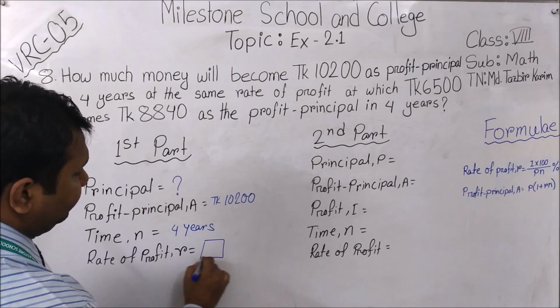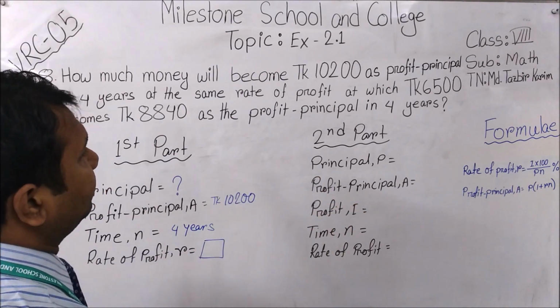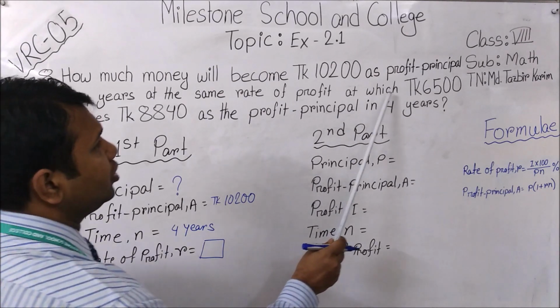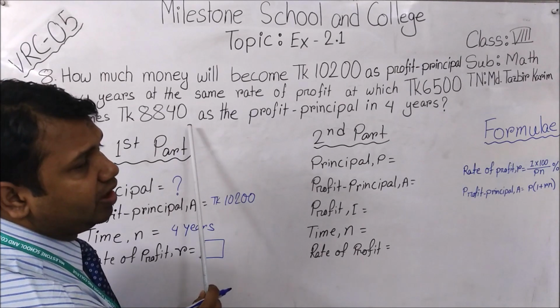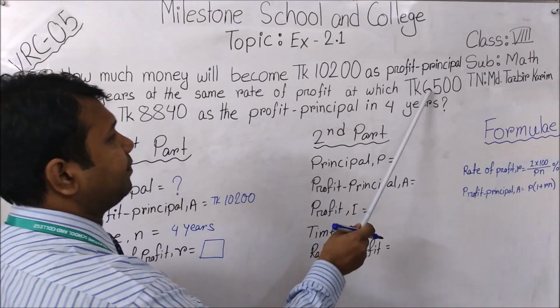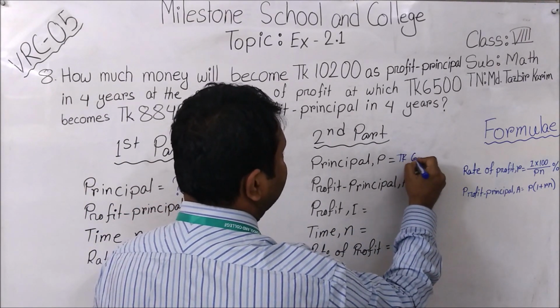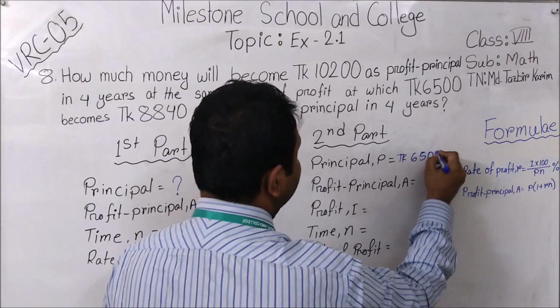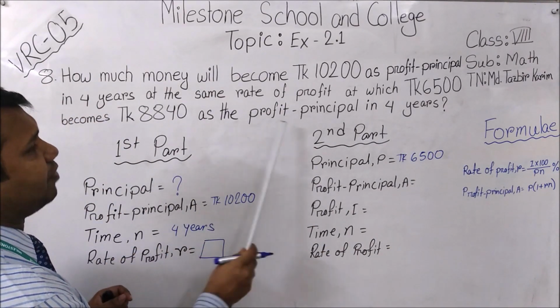This is the rate of profit that will be the same as the second part of the math, where it is told about taka 6,500 becoming taka 8,840. What is the taka that it became from? That is your principal. So 6,500 is your principal, and 8,840 is the profit principal.